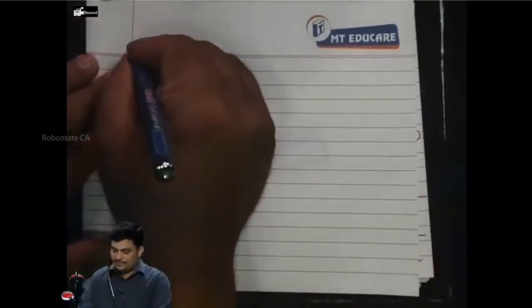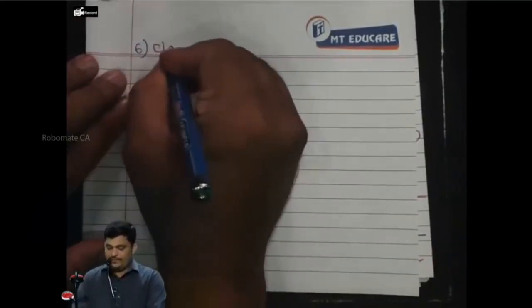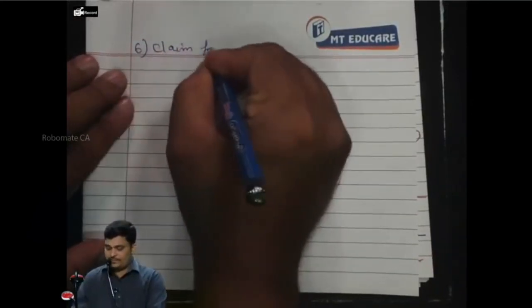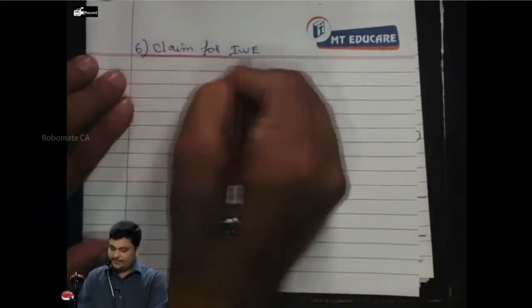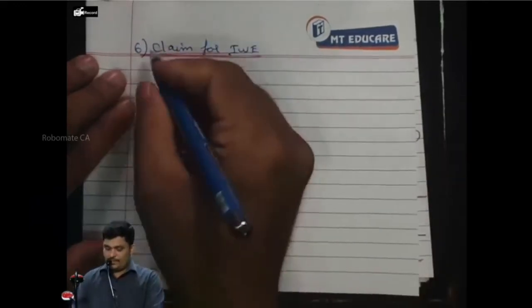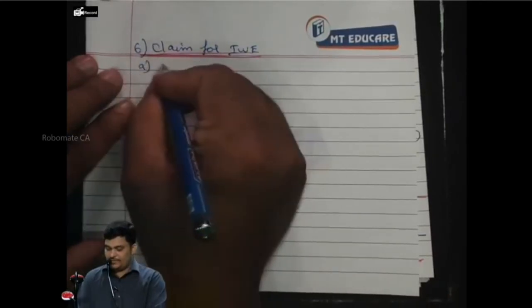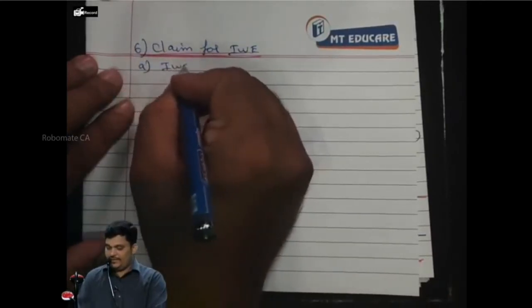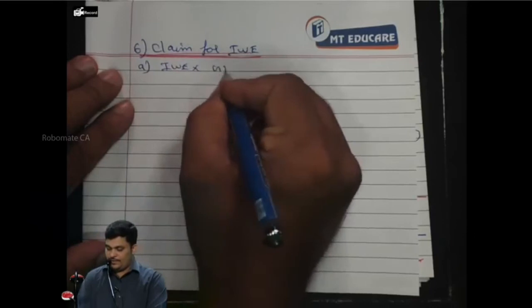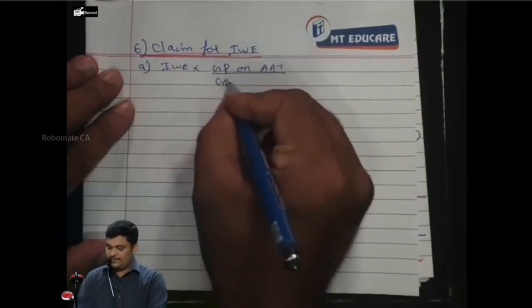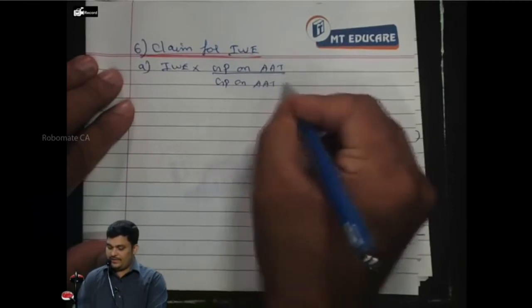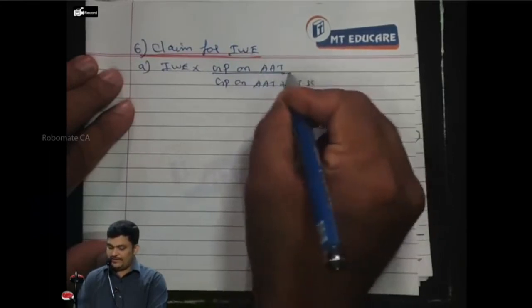Step number 6. Claim for increased working expenditure. First one, IWE into GP on AAT by GP on AAT plus uninsured standing charges.